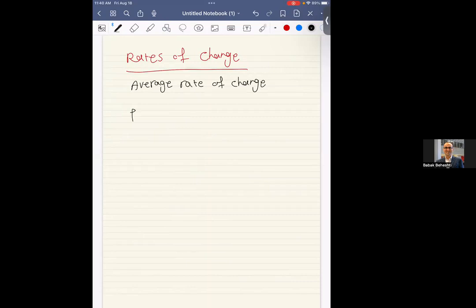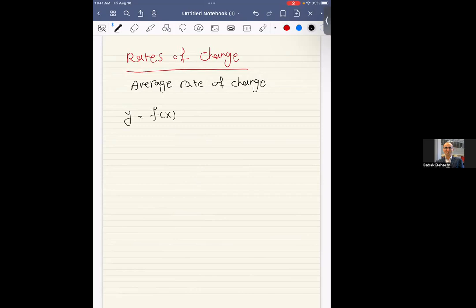Imagine that you have a function f of x, and we look at this function in some interval, like x1 and x2.